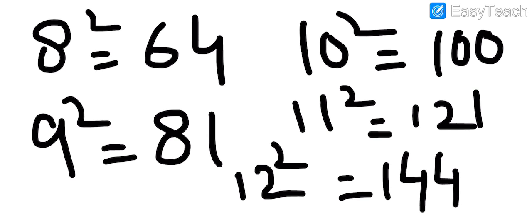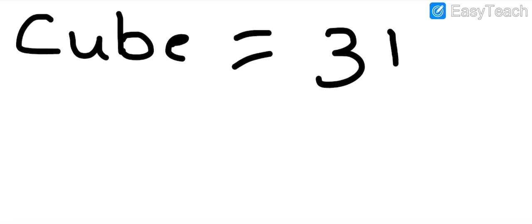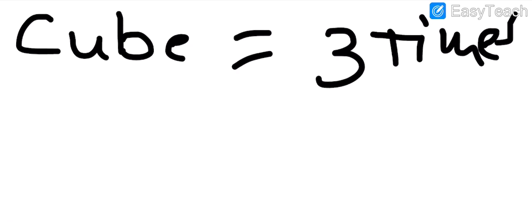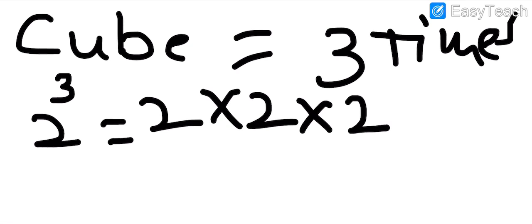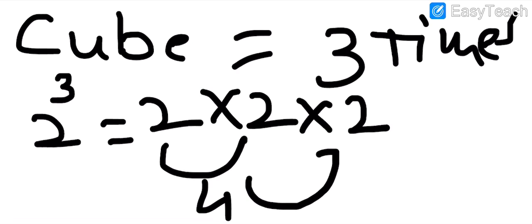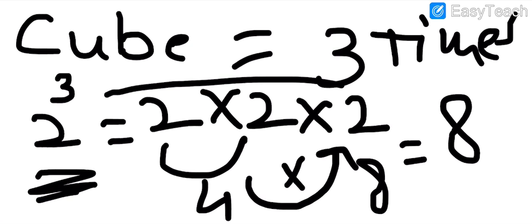Now moving on to cubes. What is a cube? Cube means 3 times. If I write 2 cube, that means 2 will be multiplied to itself 3 times: 2 2s are 4, 4 2s are 8. So cube of 2 is 8.